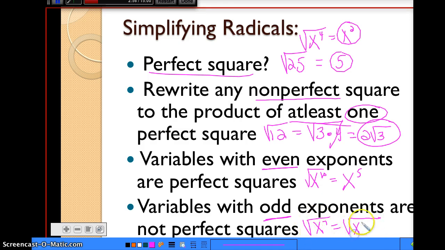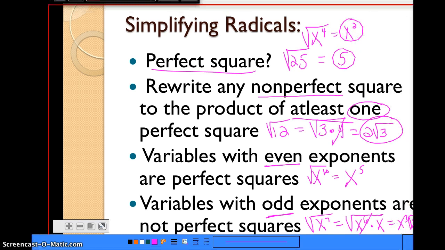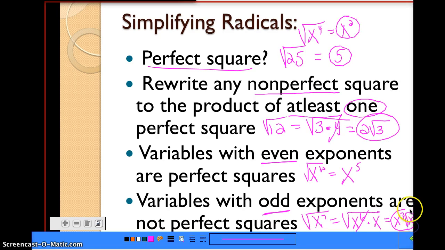So if I rewrote that as 6 of them, plus I need one more to have a total of 7, I pulled out an even number, and the square root of x to the 6 would be x to the 3rd, and what's left? Square root of x. So we're going to do more of those. Okay, so that's the basics, but we're going to actually look at these in detail.